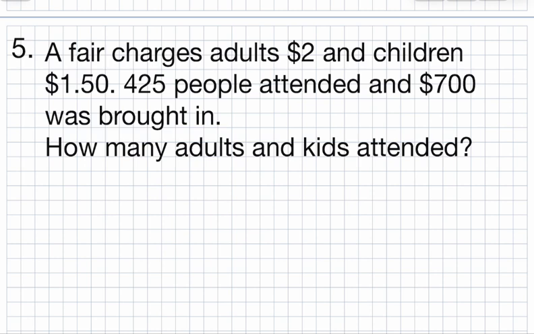Okay? So if we call x the number of adults and y the number of kids, let's talk about the total people attending. x plus y, the total attending was 425.